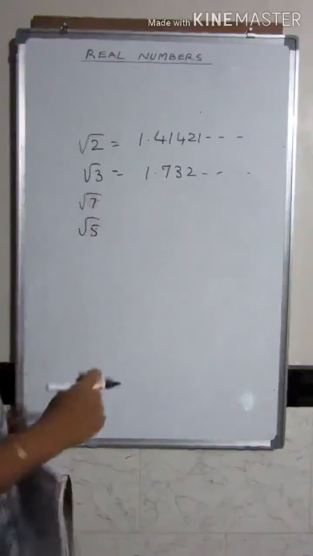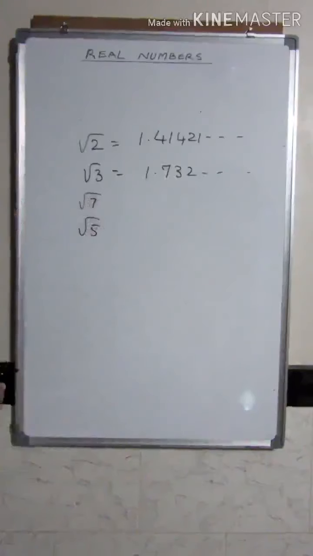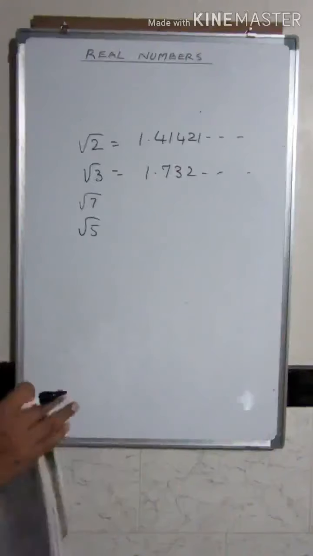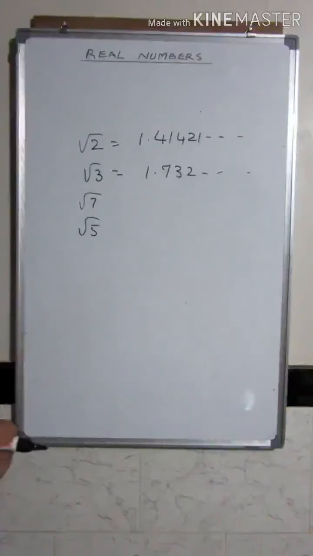Now what are real numbers? Real numbers are a combination of natural numbers, integers, rational numbers and irrational numbers, all put together.